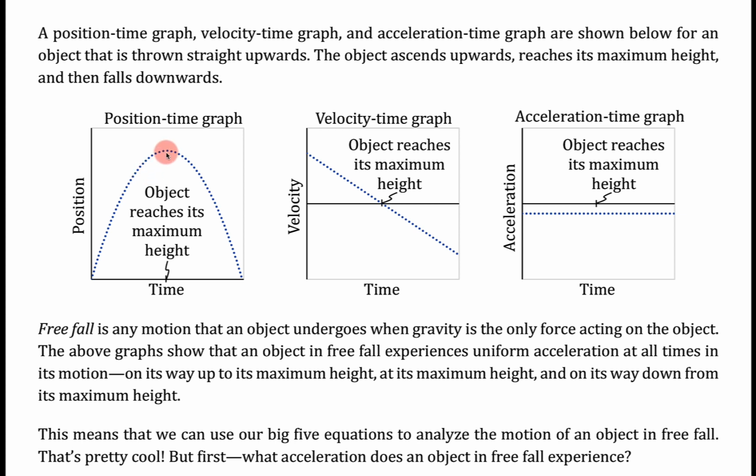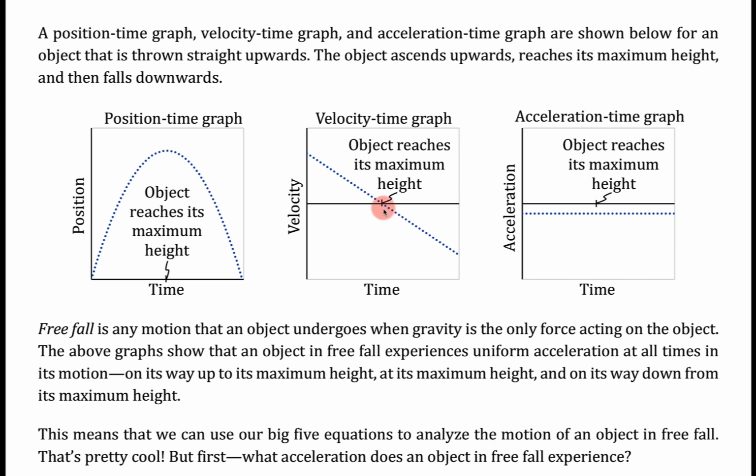And then, interestingly, whenever it reaches its maximum height, the slope is zero. We can perhaps agree that the tangent at the very top of this position time graph would be horizontal, and so it would have a slope of zero. So when the object reaches its maximum height, it actually has a velocity of zero.